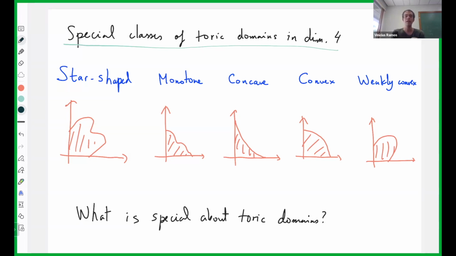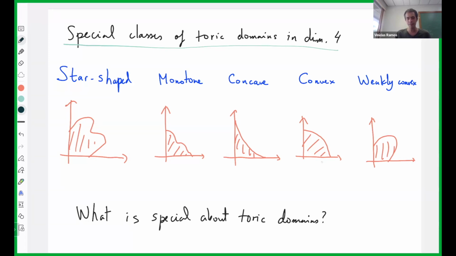In every dimension, it means that the boundary of the domain is the graph of a function that's decreasing in every direction. And the significance of this class in higher dimensions is that for this particular class of toric domains, we know that all normalized capacities coincide. That's one reason we care about monotone.